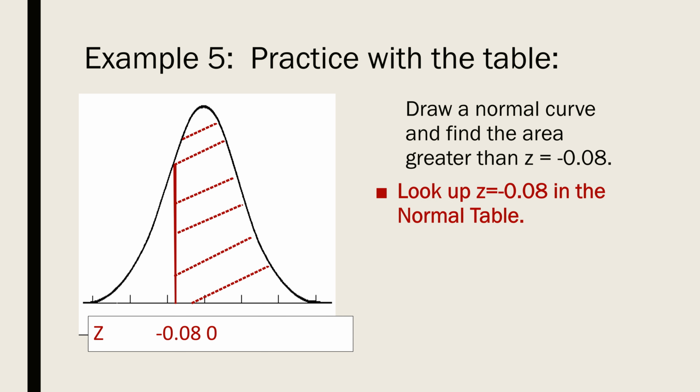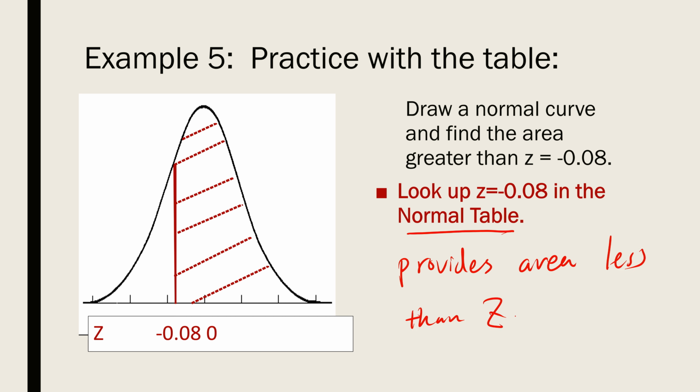is 0.9236. In your next exam, you may need to find the area greater than z equals negative 0.08. However, remember that the normal table always provides area less than z equals some number.